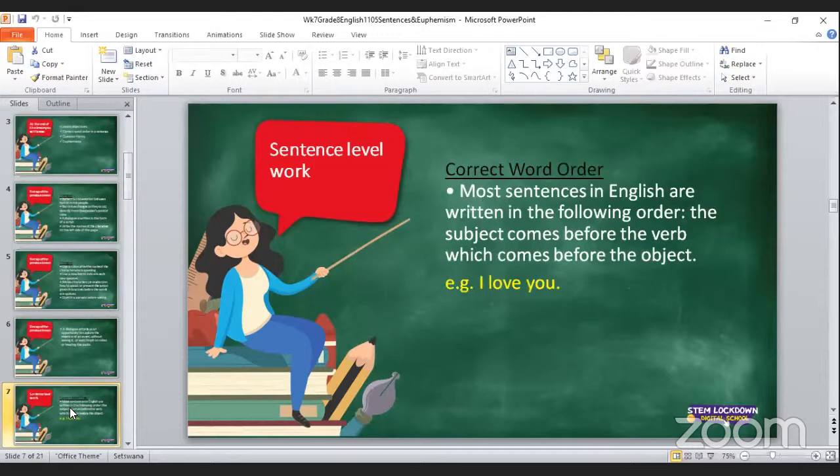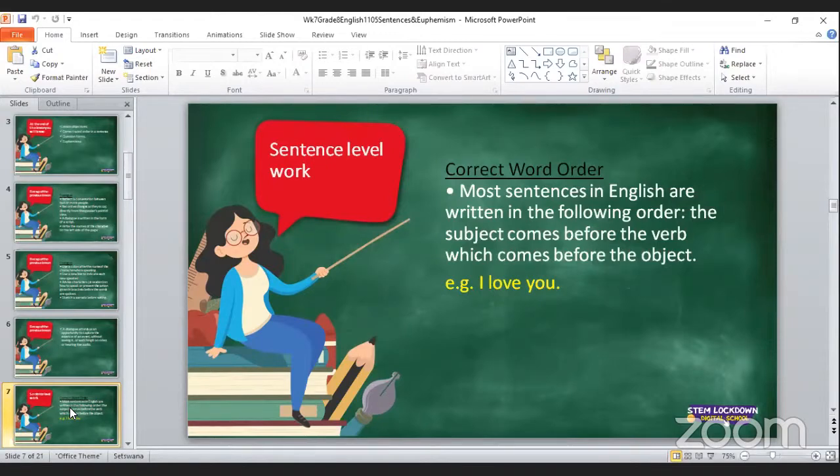Correct word order. Most sentences in English are written in the following order: the subject comes before the verb, which comes before the object. If you remember from most of our previous lessons, most of the sentences I used as examples were in this order.